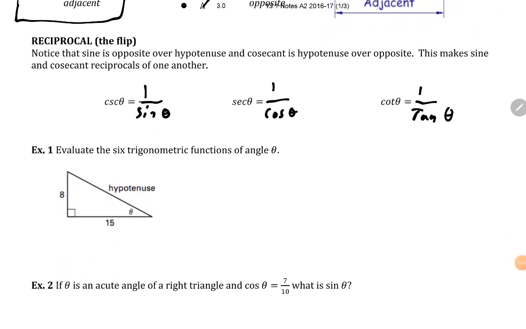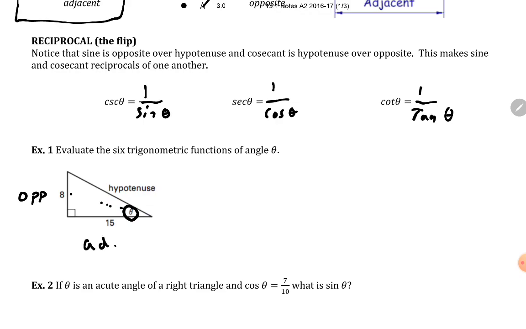Alright, example 1. Evaluate the 6 trig functions of angle theta. So what you want to do is you start looking at where your angle is. It's right here. So we're going to label our sides. We go to the opposite side of the triangle and label it opposite. The hypotenuse is already labeled for us, but it's opposite of the right angle. It's the longest side.